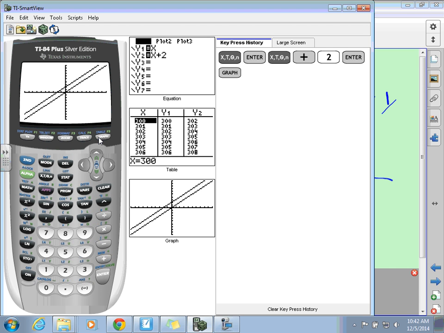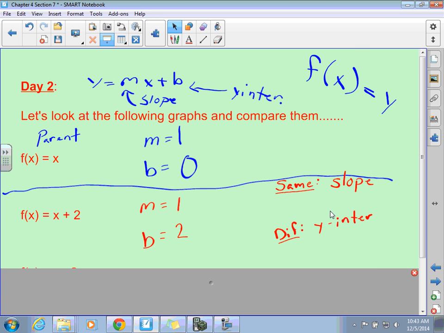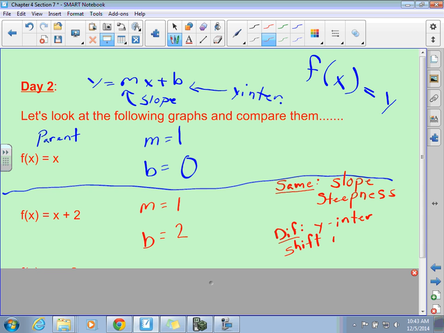What's different? What did the kid do? It went up 2, didn't it? Very good. So we're going to come back to our notes here, and we're going to put what was the same. We said the steepness was the same. And what was different? This shifted up 2. So we shift up 2. So you tell me one thing that's alike and different about the equation, and then you tell me one thing that's alike or different about the graph, right?